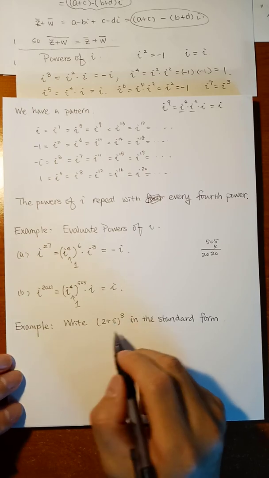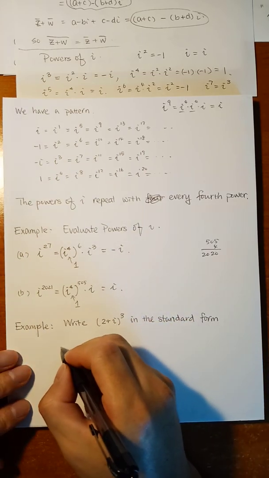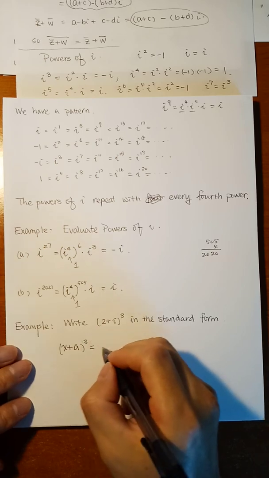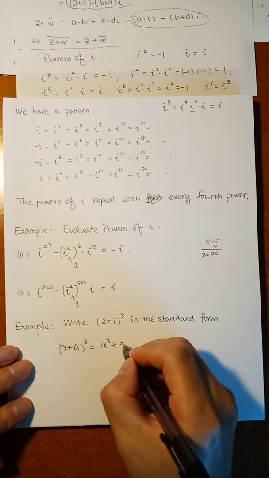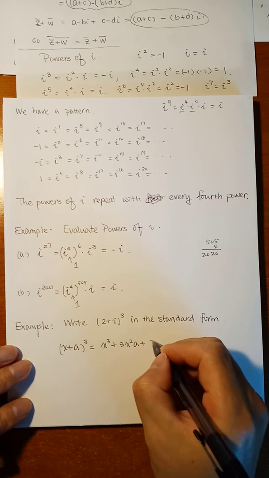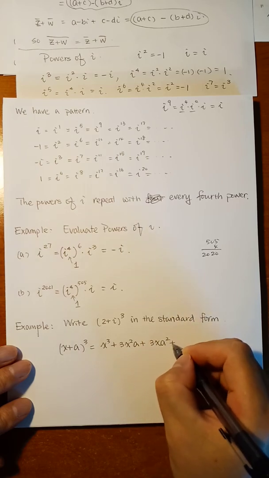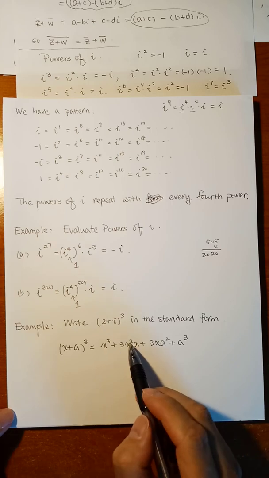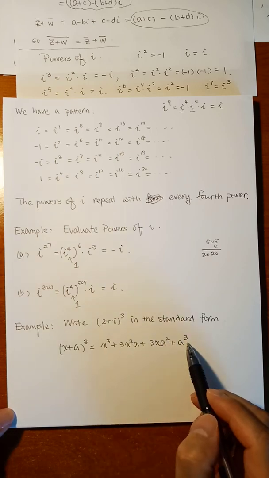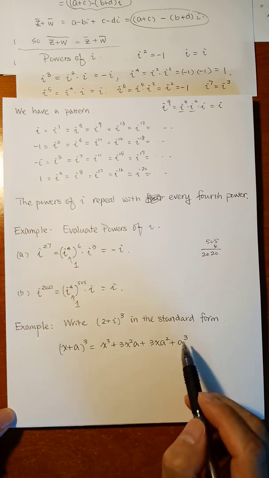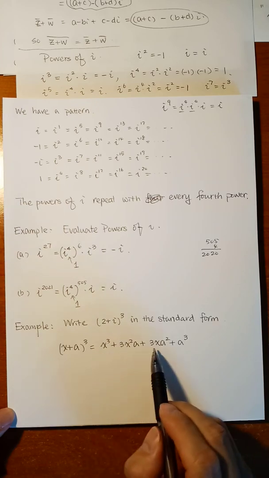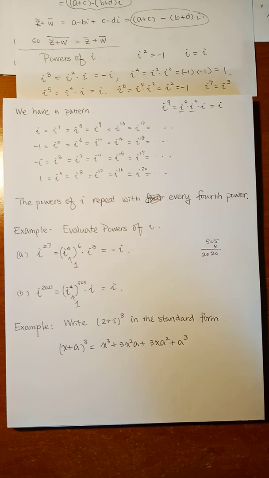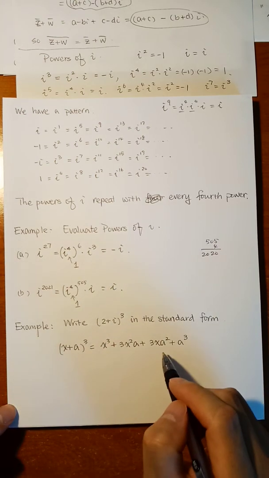First, this has a formula: x plus a, cubed, is x cubed plus 3x squared a plus 3xa squared plus a cubed. So the power of x is 3, 2, 1, nothing. The power of a is nothing, 1, 2, 3. The coefficients are 1, 3, 3, 1. That's a way to memorize this product formula. This formula is required.